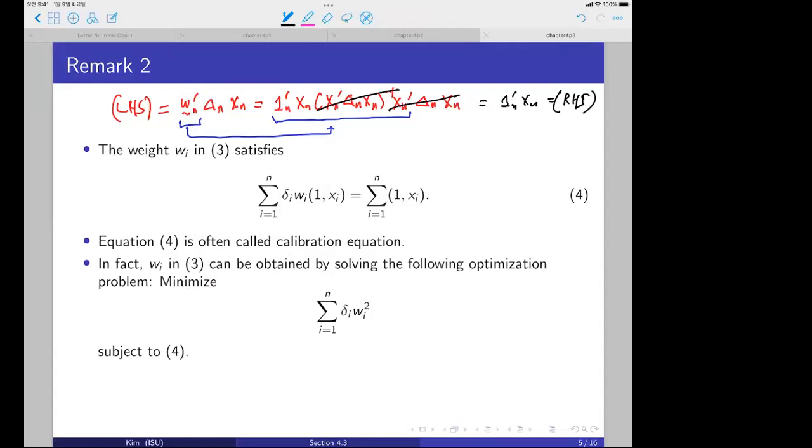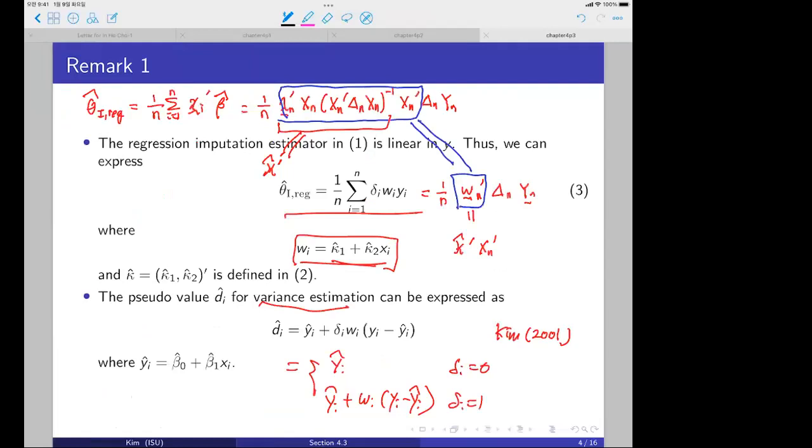We can understand regression imputation as just a prediction.